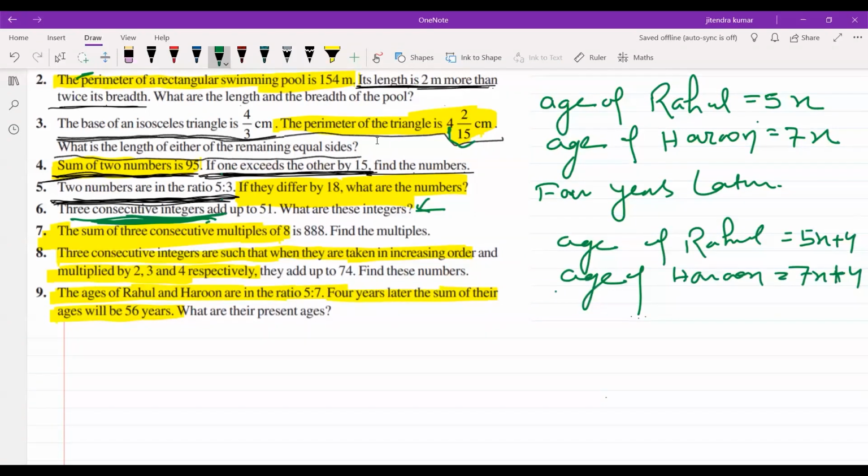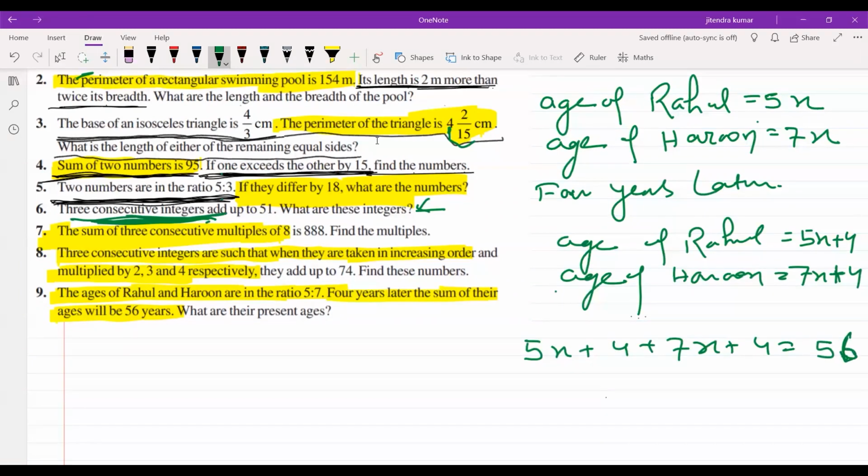Then it says that if you sum these two, the age of Rahul and the age of Harun, you should get 56. So 5x plus 4 plus 7x plus 4 is equal to 56.